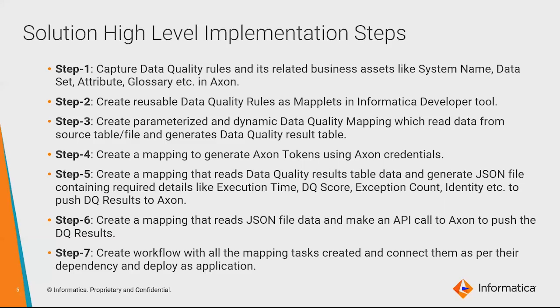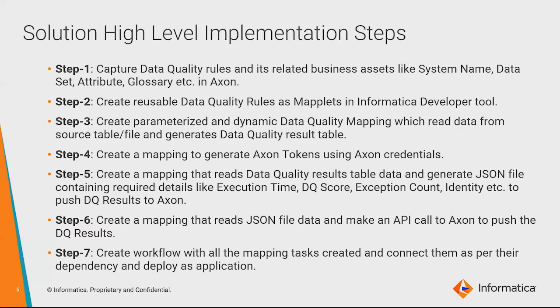Now we want to push these data quality results to Axon. To do so, we will need a mapping which will generate the token using the Axon credential, and then this token will be used in another mapping where we'll actually be calling the API.